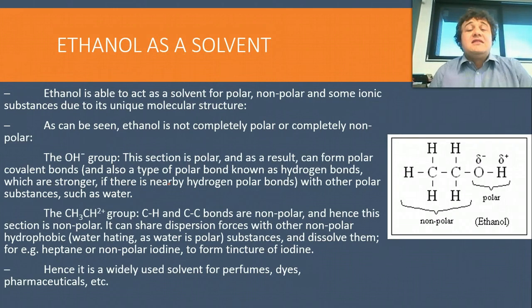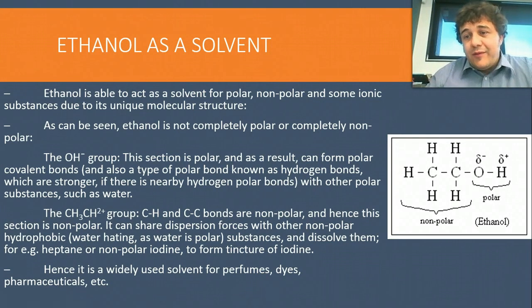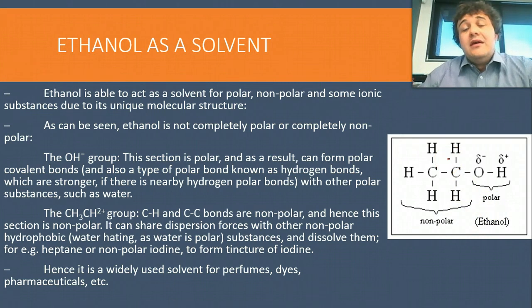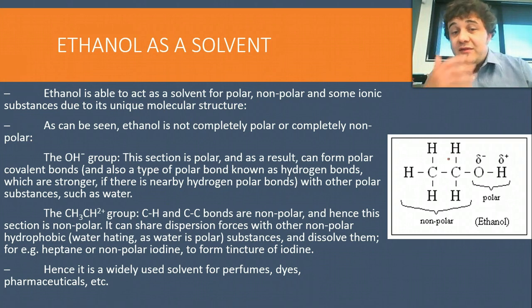Now, ethanol is a solvent. If we have a look over here, you see we've got a non-polar end and a polar end. Cool. So basically it's kind of a universal solvent. It's able to be a solvent for non-polar, some ionic, and polar substances. It's not completely polar or non-polar.